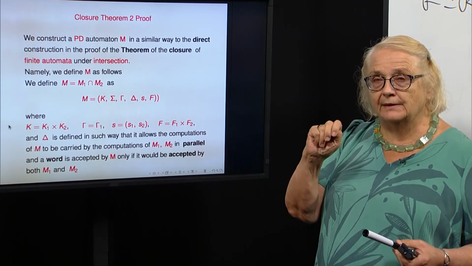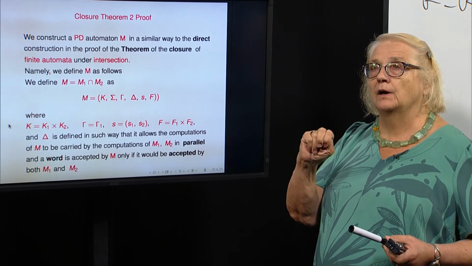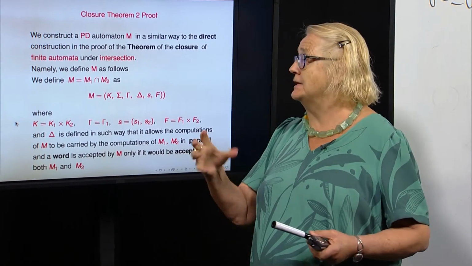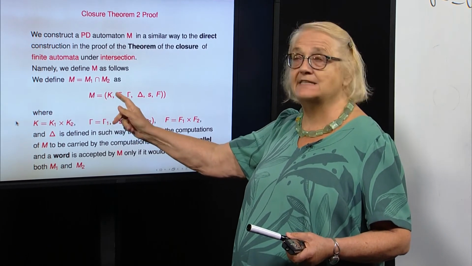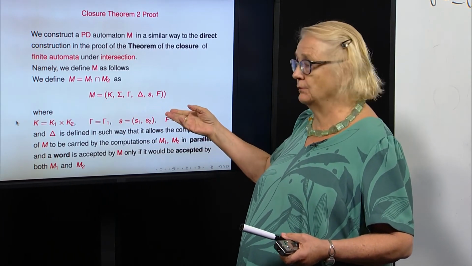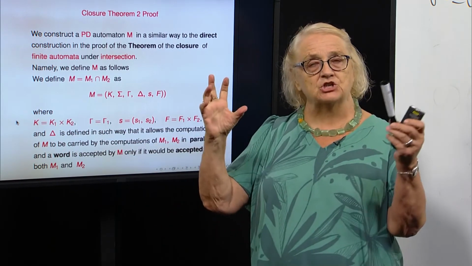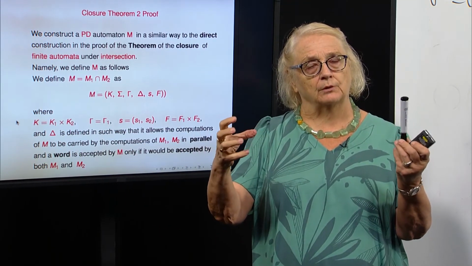And we did something similar to what we did for closure of finite automata. As the set of states of that new automaton, you take the Cartesian product of those two automata.